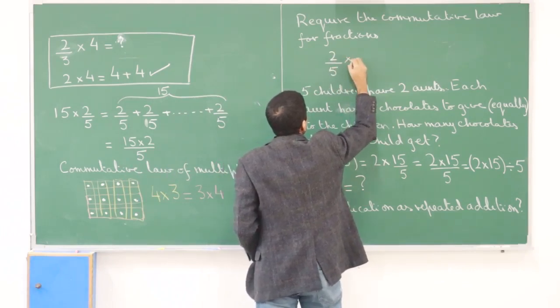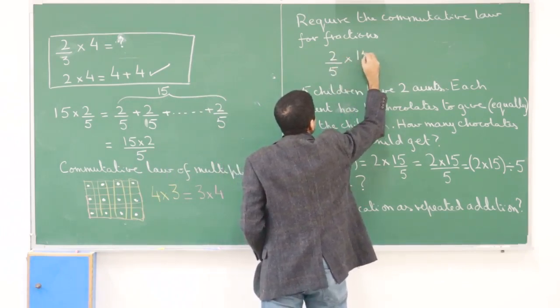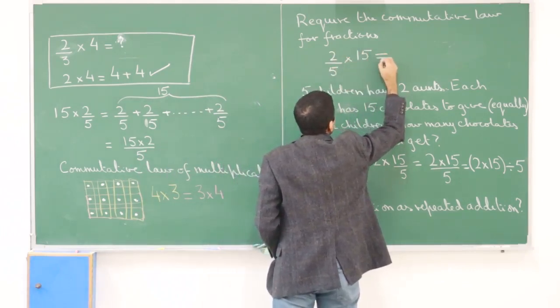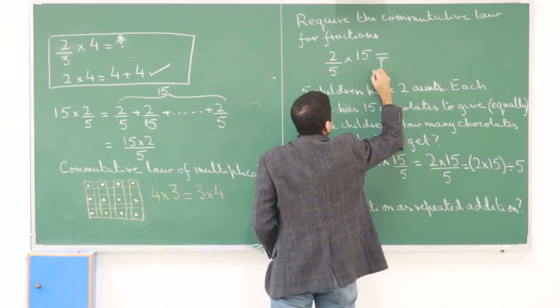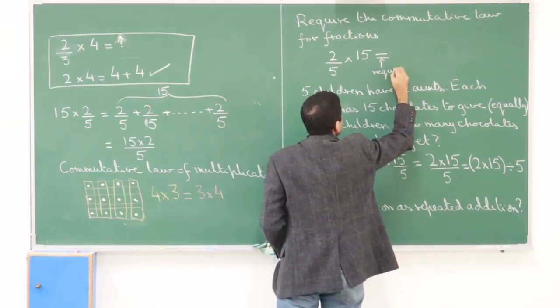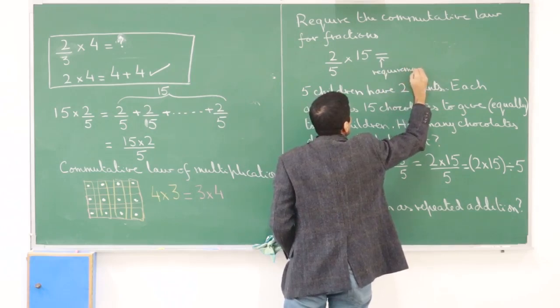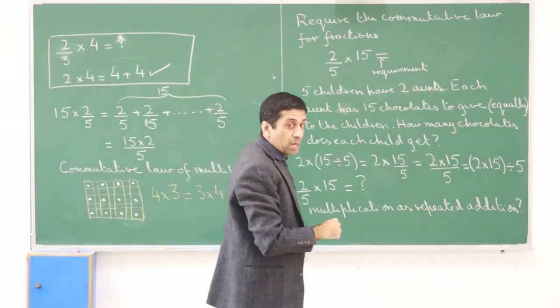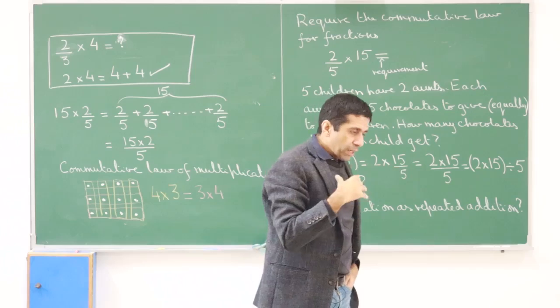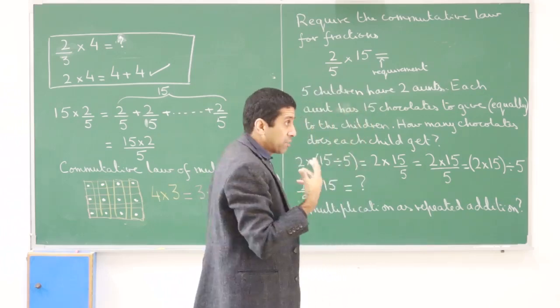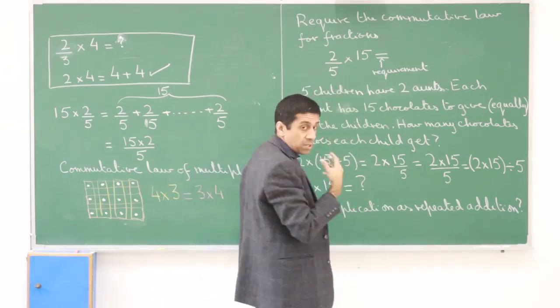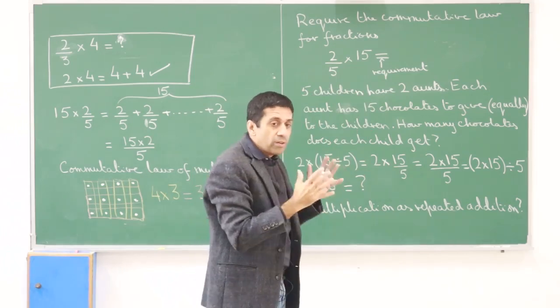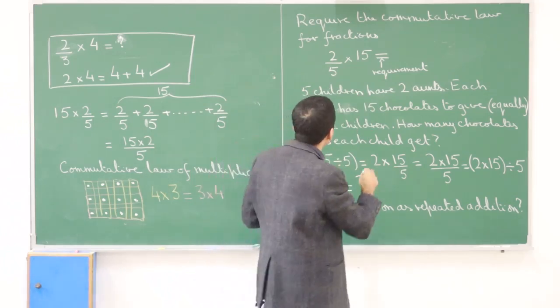So this is an equality, but it means something slightly different. 2 over 5 times 15 is equal to, and this is really our requirement. This is something that we are imposing on mathematics. We would like it to be true. There are other laws that force it as well, like the distributive law, and that also forces us into this. I'm just giving you one reason why this ought to be true.